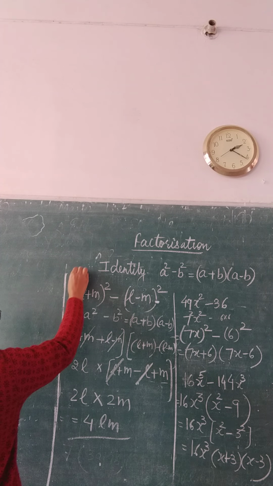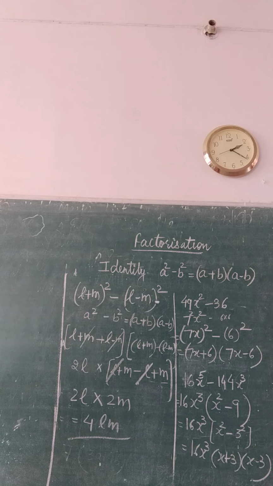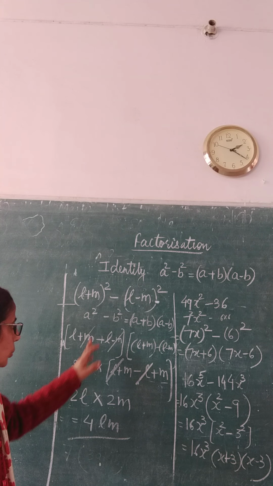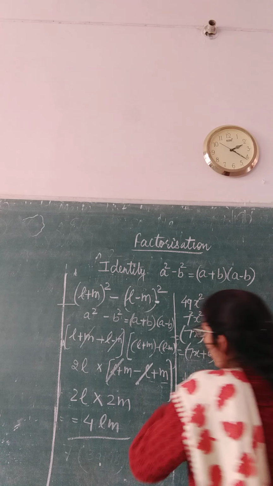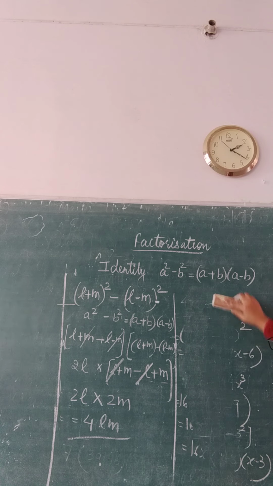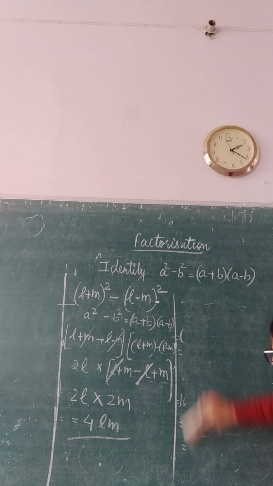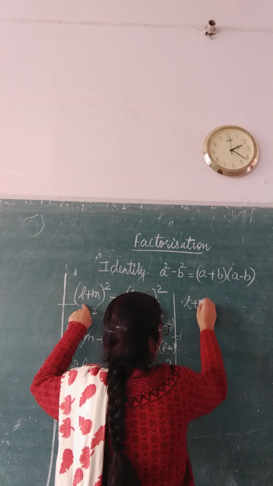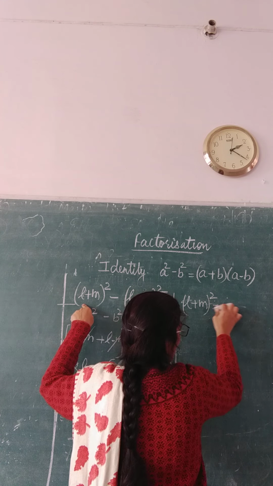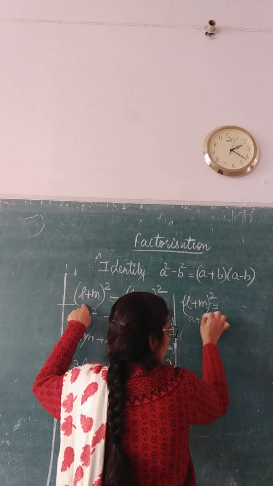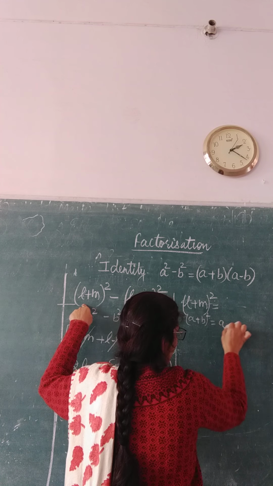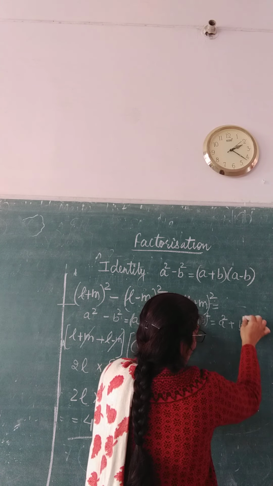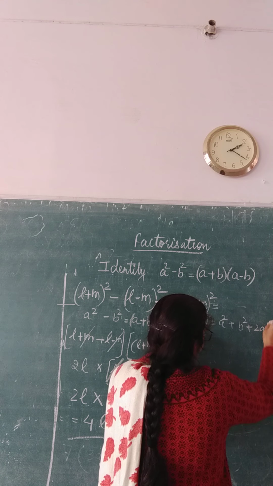This is a different kind of question. Have you understood this? This can be done by another method also. Its other method is A plus B whole square, which can also be applied on this. If you want to do this question by this identity, you can do it this way also. L plus M whole square is equal to A plus B whole square, and that is equal to A square plus B square plus 2AB.